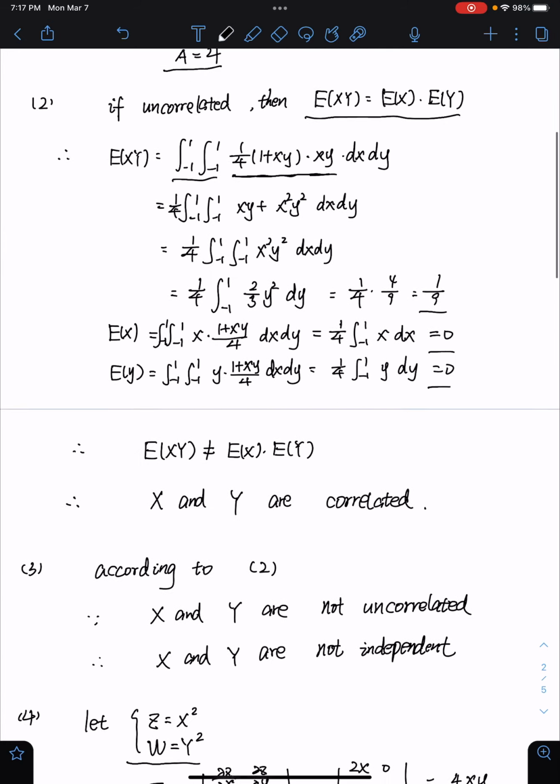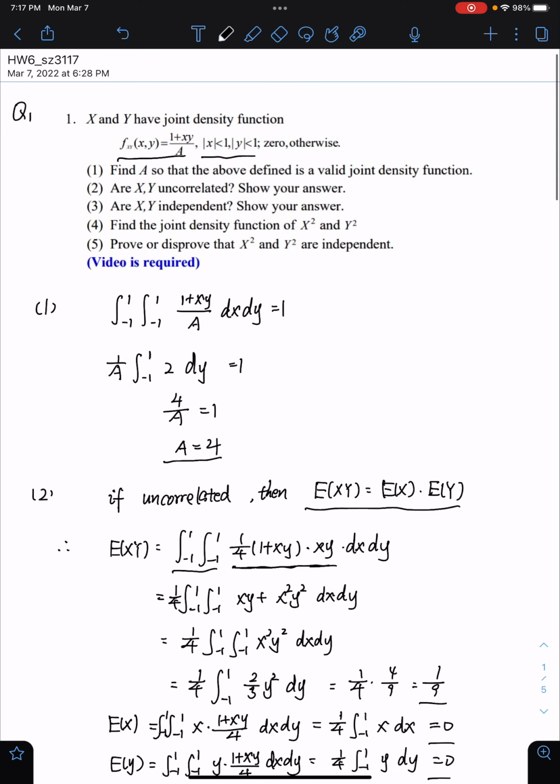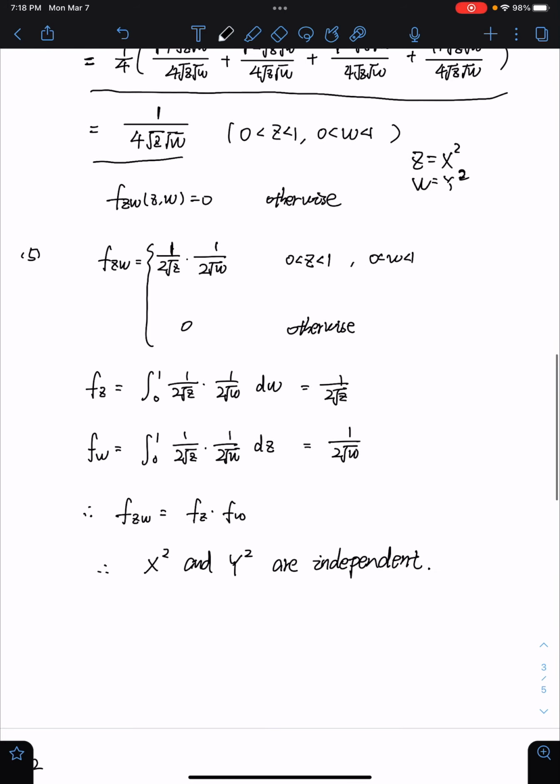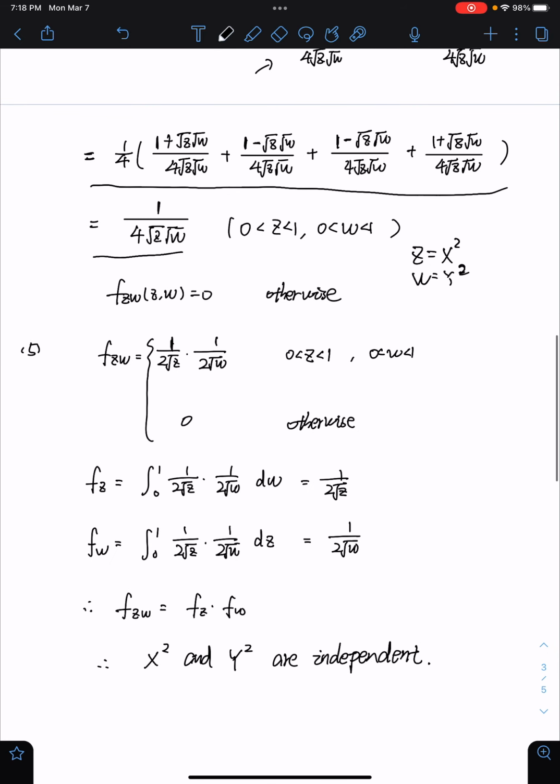Finally, we need to prove or disprove that x square and y square are independent. According to the result from question 4, we have the joint density function equal to this, and then we need to calculate the marginal distribution functions of z and w respectively.